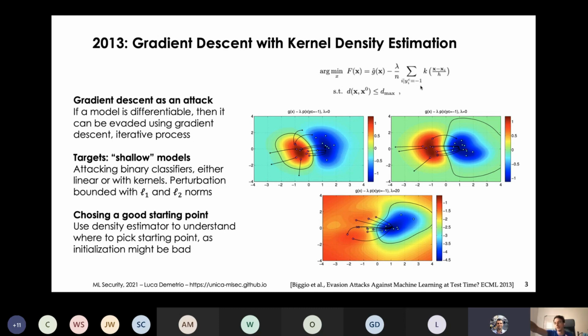If you take something very, very far away, it should be less. So if you don't choose this point in a good way, you might end up in a region where it's impossible to find an adversarial example because you go in the opposite direction.